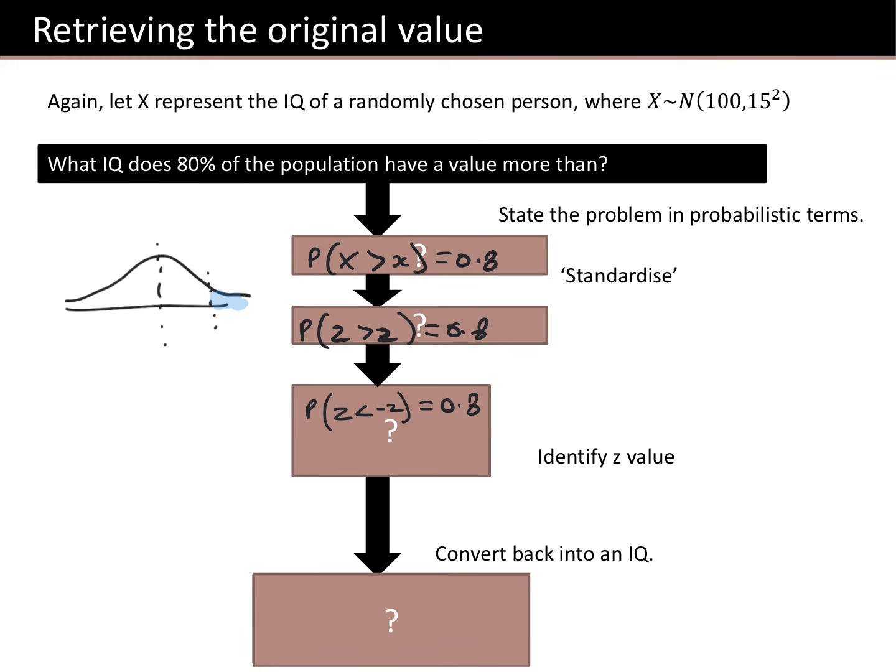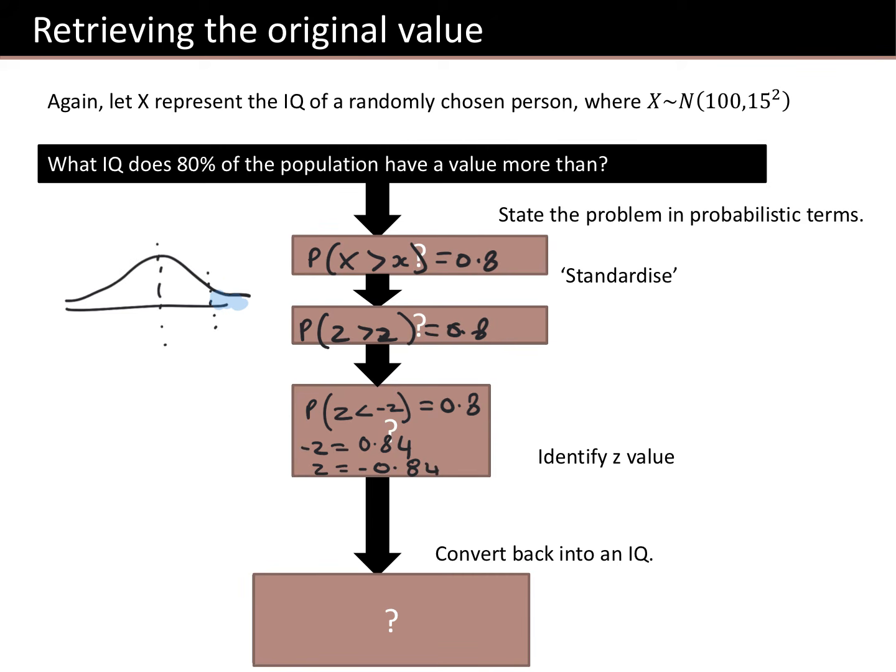Because we can't do 0.2. Why? Because it's less than 0.5. We don't have 0.2 on here. Okay? So that means negative z equals 0.84. So z equals negative 0.84.